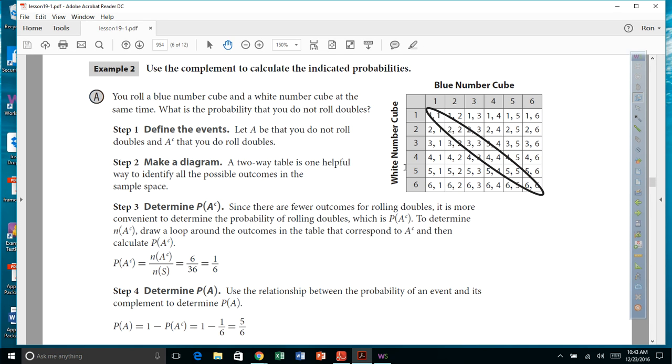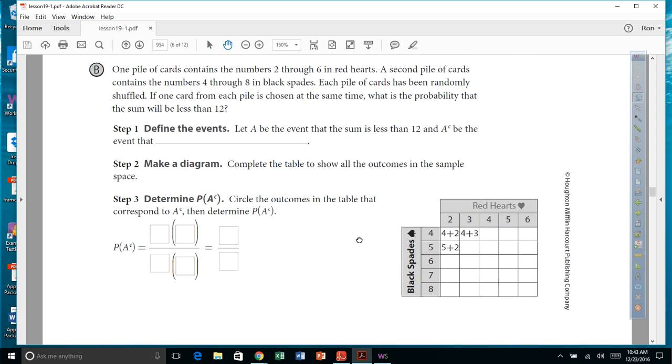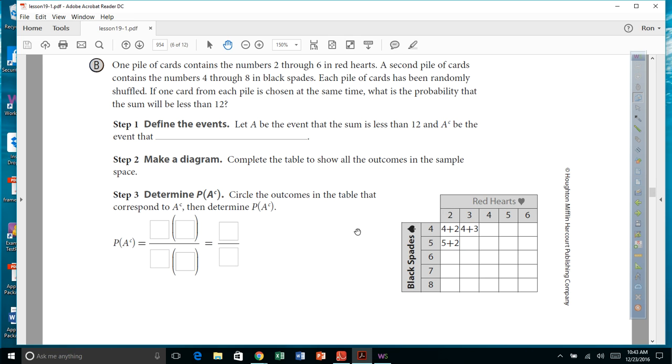Example 2. Use the complement to calculate the indicated probabilities. I'll let you read through A, and when you get back, we'll do B together. One pile of cards contains the numbers 2 through 6 in red hearts. A second pile of cards contains the numbers 4 through 8 in black spades. Each pile of cards has been randomly shuffled.